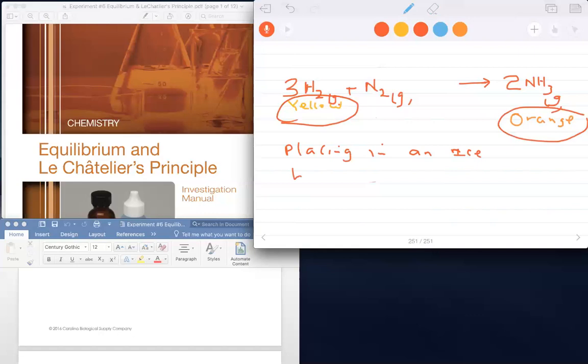Ice pack. You notice that there's intense yellow color.